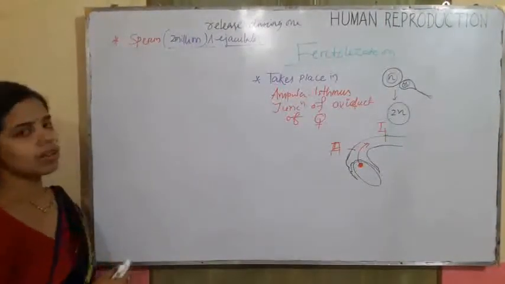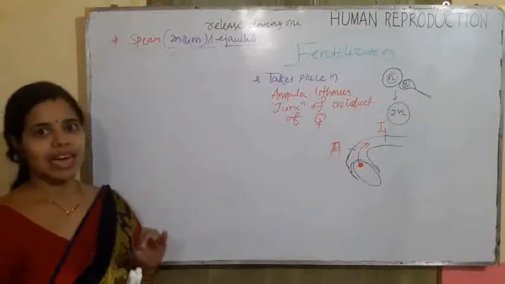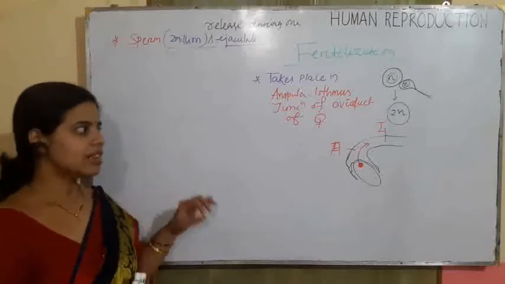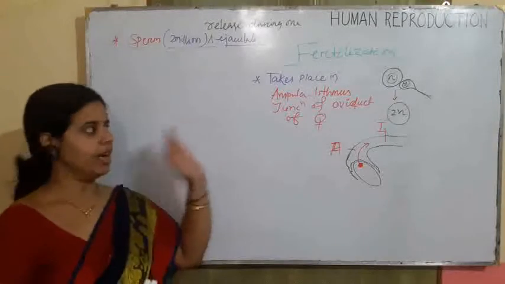There are certain consequences that happen here. What happens when sperm enter the vaginal opening? There are certain factors which may not allow all the sperm to enter.